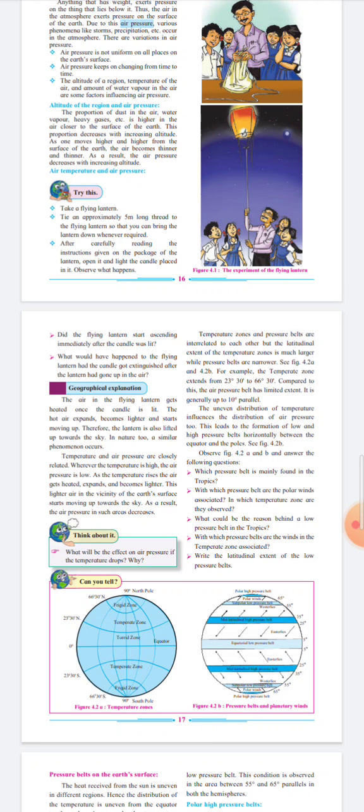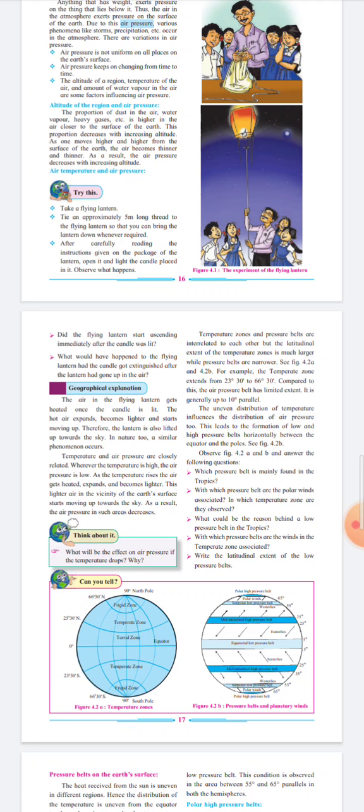So 0 degree latitude is called the equator. 23 degree 30 minutes north latitude is called the Tropic of Cancer. 23 degree 30 minutes south latitude is called the Tropic of Capricorn. 66 degree 30 minutes north is called the Arctic zone, and 66 degree 30 minutes south latitude is called the Antarctic zone. 90 degree north latitude is called the North Pole, and 90 degree south latitude is called the South Pole. These are the important latitudes on the earth.